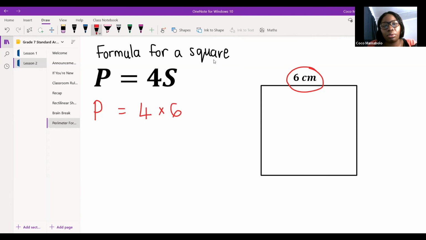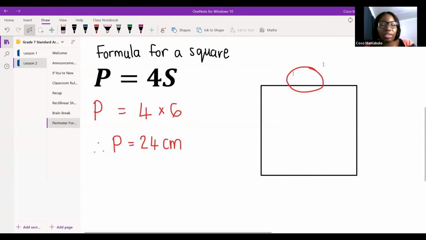What's 4 times 6? 24. Good. It's going to be 24 centimeters. Excellent. Well done.